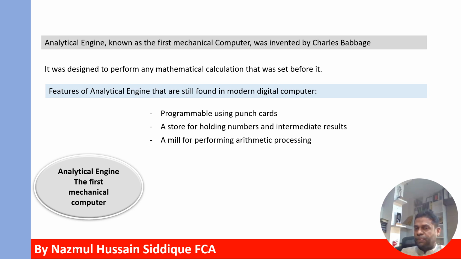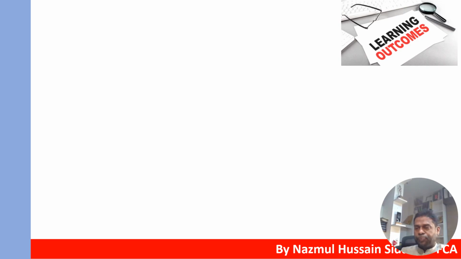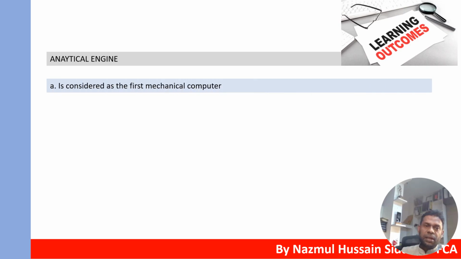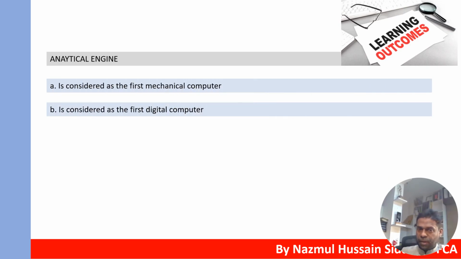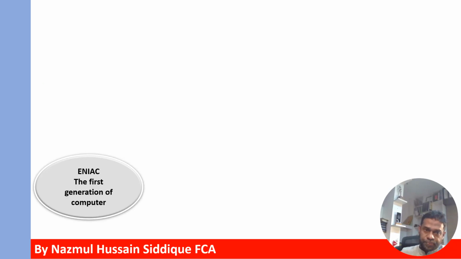A mill for performing arithmetic processing, an internal repertoire for 4 arithmetical functions, direct multiplication and division. এবার আমরা MCQ test করব। Analytical engine is considered as the first mechanical computer, or analytical engine is considered as the first digital computer. Which one is correct answer? Number A, analytical engine is considered as the first mechanical computer.